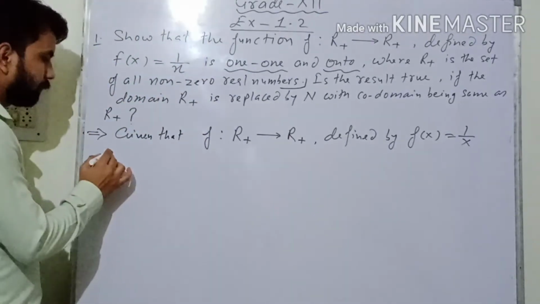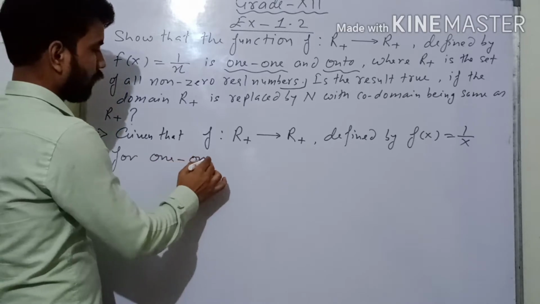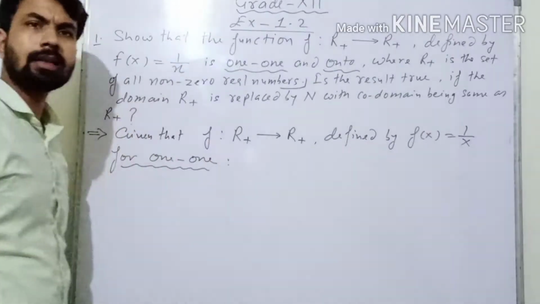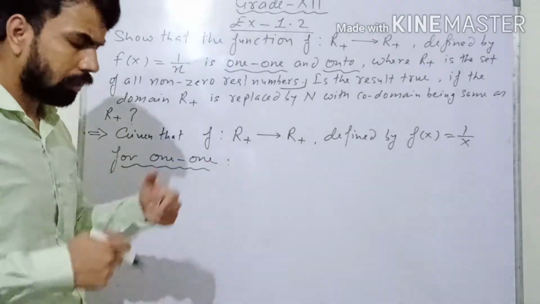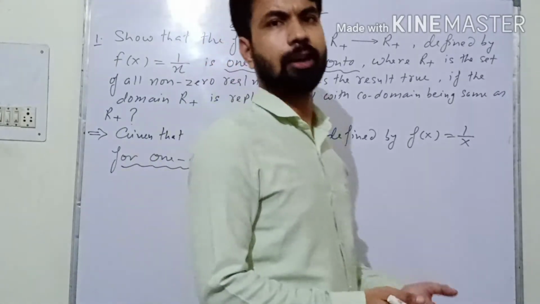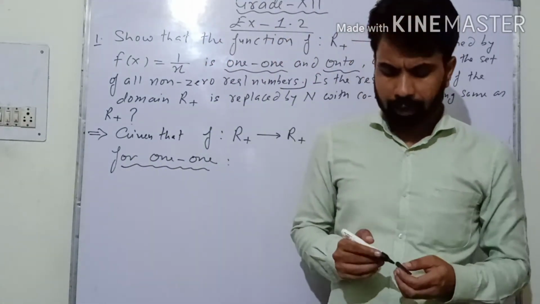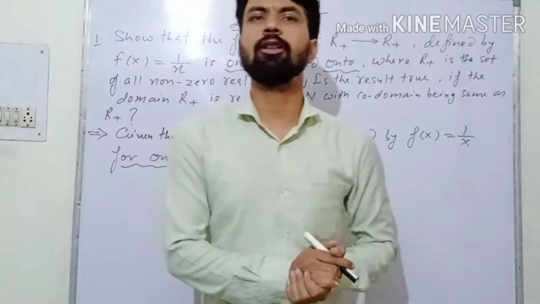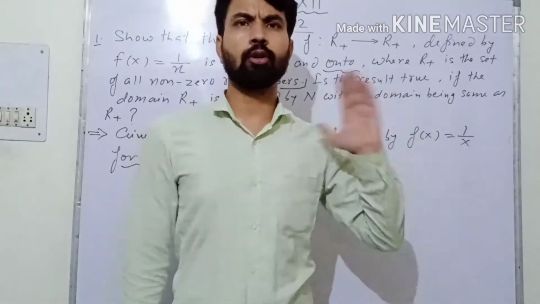For 1-1, we will consider two elements which belong to its domain. What is the condition for being a 1-1 function? I explained you in the last video. A function is said to be 1-1 if every element of its domain has its unique image in its codomain.